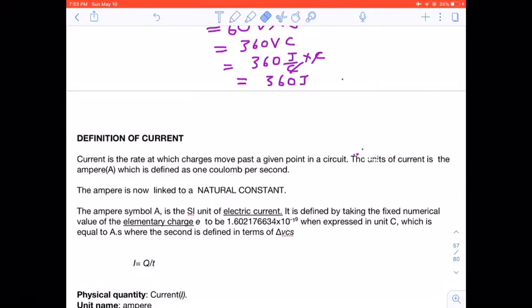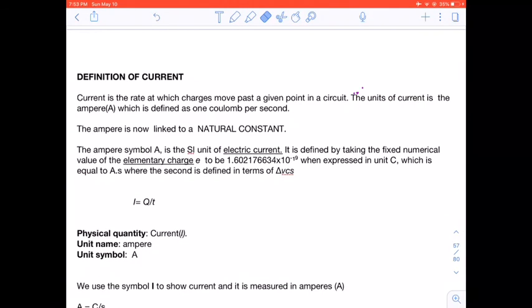Right, now let's look at the definition of a current. Current is the rate at which charges move past a given point in a circuit. Right? The unit of current is the ampere, which is defined as a coulomb per second.